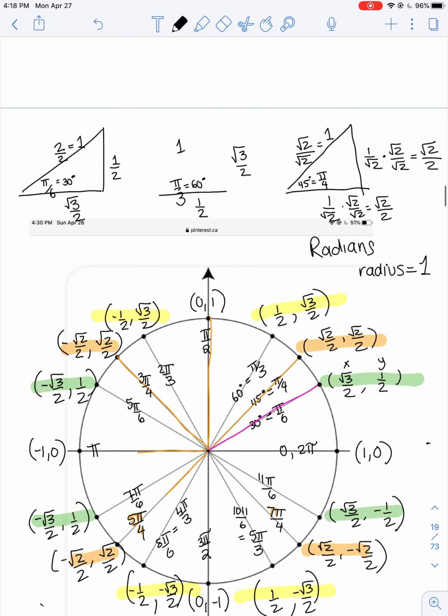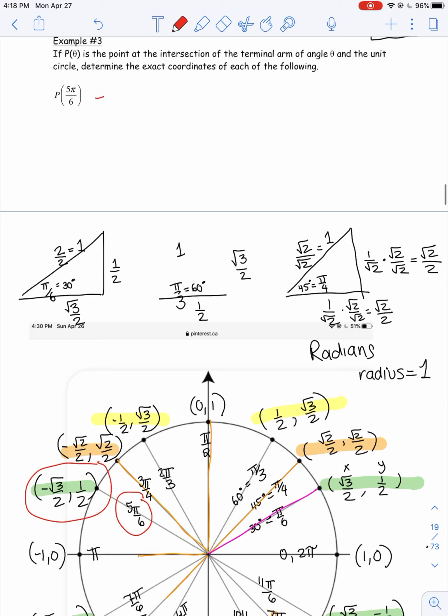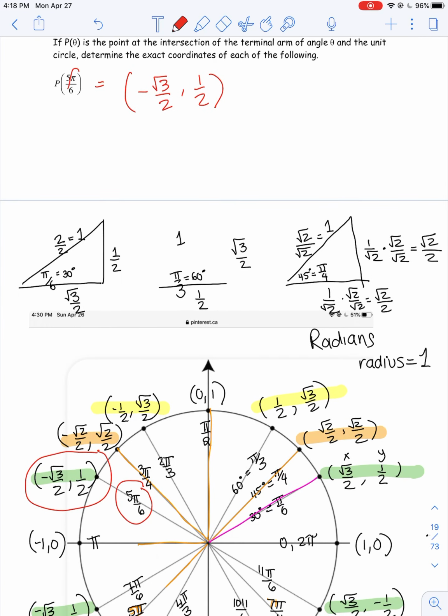Okay, so for this example here, example number 3, we have 5 pi over 6. So the coordinates for 5 pi over 6, I'm just going to highlight those. So 5 pi over 6 is this. That means the coordinates are negative root 3 over 2 and 1/2.